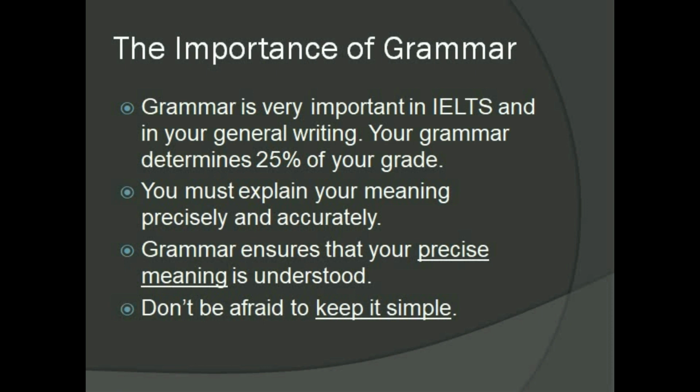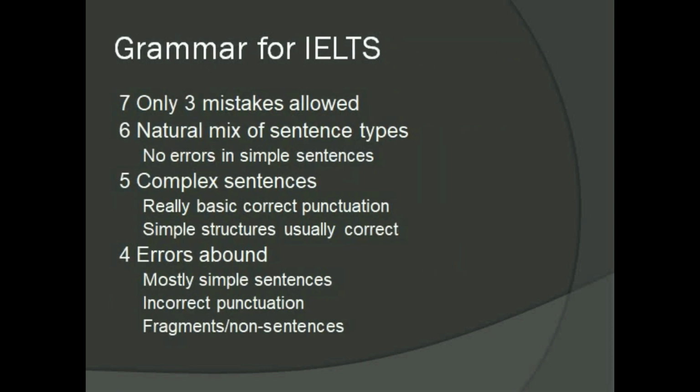When you're looking at the IELTS exam and what is required, you should be looking at the band scores. And here on the left of this screen, we can see bands 4 through 7. If we look from the bottom up, at band 4, concerning grammar, there are going to be lots and lots and lots of errors. The sentences will be predominantly simple.